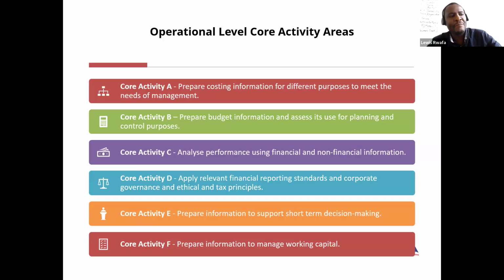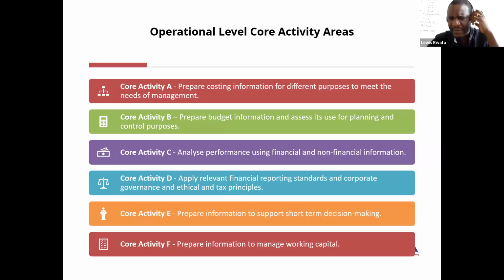You don't need to be a magician in terms of knowing the IAS and IFRS ins and outs. CIMA is not testing you to be a pure financial magician, but you need to know how IAS 16, IAS 2, and things like that work.